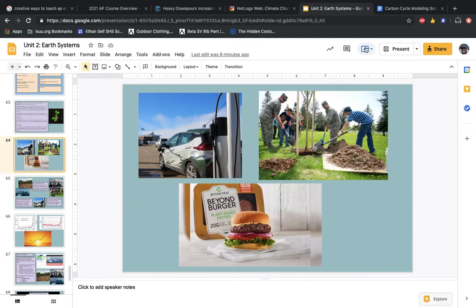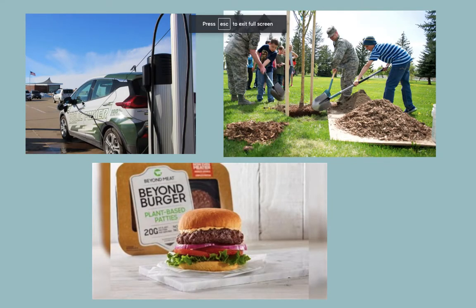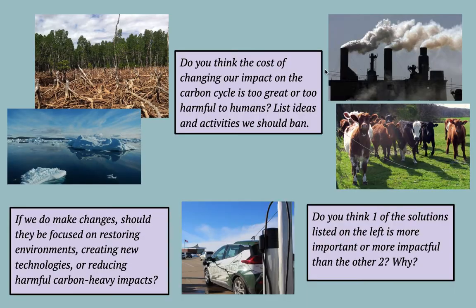So earlier in class today, we talked about how there's lots of different ways to think about solving the carbon crisis, whether it's new technology, replacing bad habits with new habits, or doing things such as planting trees or restoring natural ecosystems. And we talked about how there were some behaviors that we think are too important to simply ban, and there's some activities like eating cows that maybe we should try and limit.